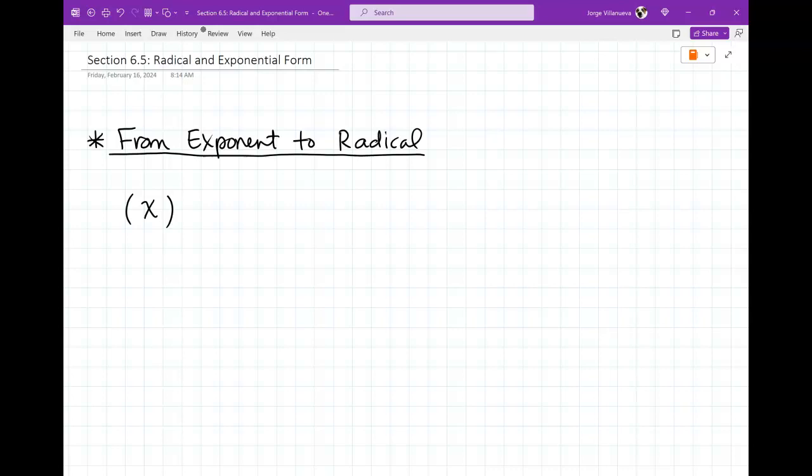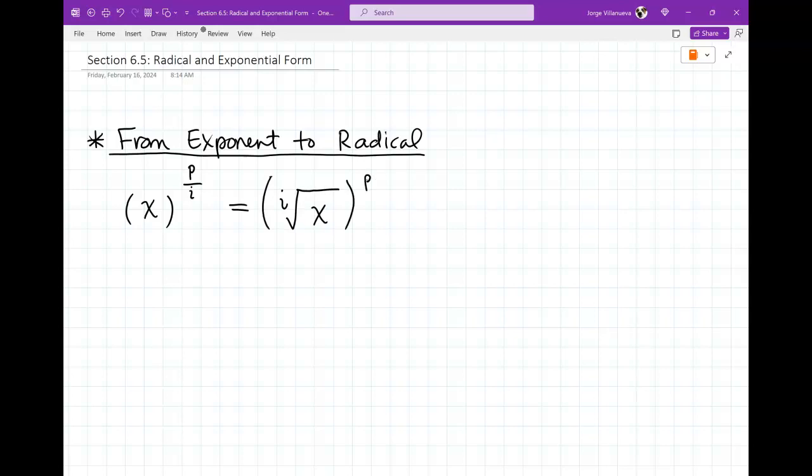Maybe it has a number, maybe it doesn't, but it's going to have some kind of variable and then a power, P over I. The reason why I use P over I is because I want the letter P to clue you in that that's the power, and the letter I is going to be the index of the radical. So this is going to become the I-th radical of x to the P.